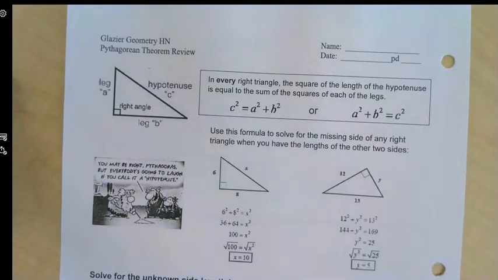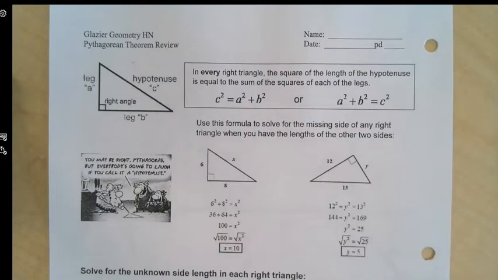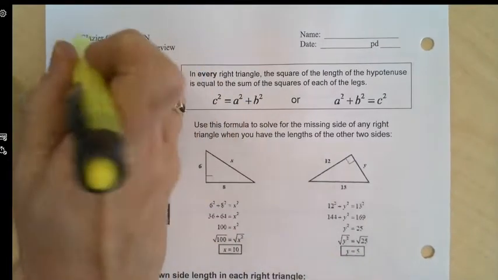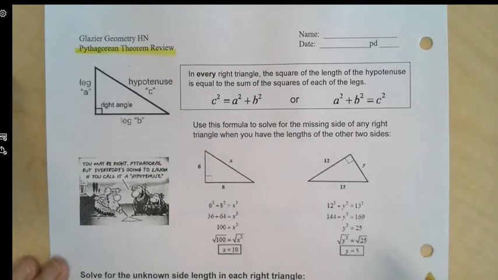When you finish with the quiz, you're going to pick up this worksheet here, which is a Pythagorean theorem review. So I want to talk about it real quick so you know what it is that you're doing. And like I said, this should have been a review.